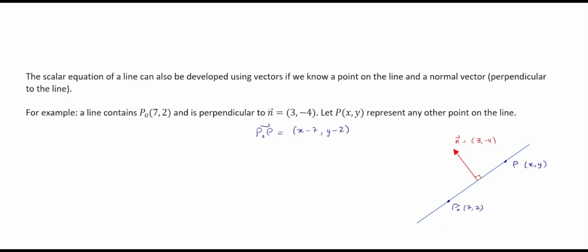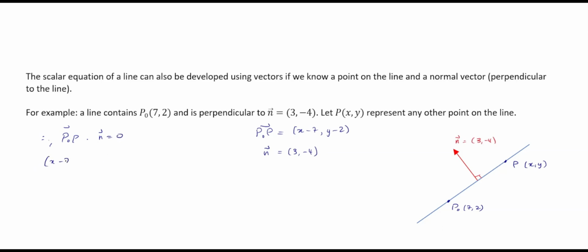So that's my vector that goes along here, from P naught to P. And then I also have my normal vector, which was given in the question as (3, -4). Well, if I know that this direction vector here and this normal vector here are perpendicular, I can say, therefore, P naught P dot n is equal to 0.